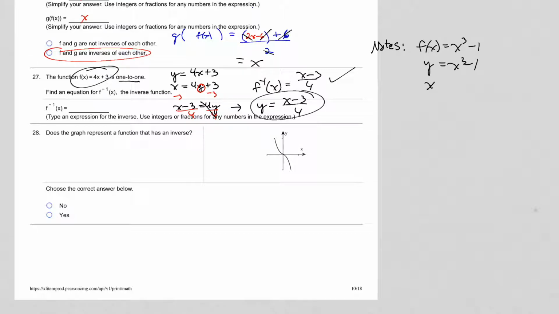We switch x and y. We solve for y. Take the cube root of both sides. So y is going to equal the cube root of x plus 1.